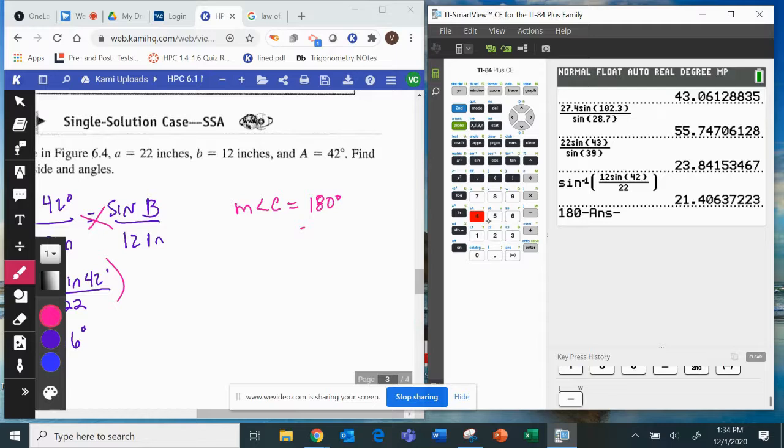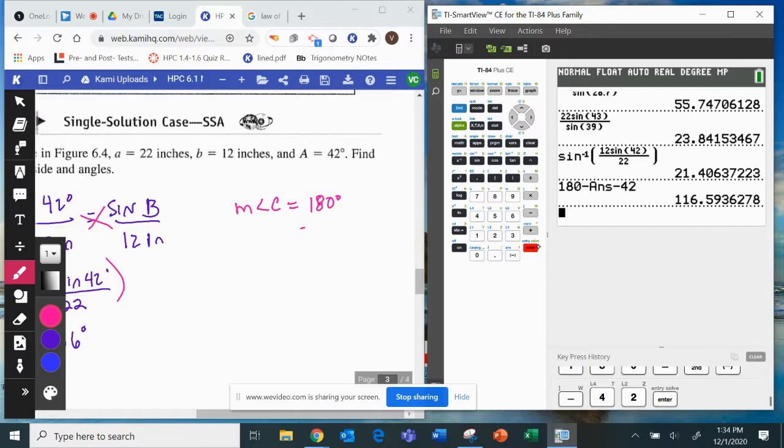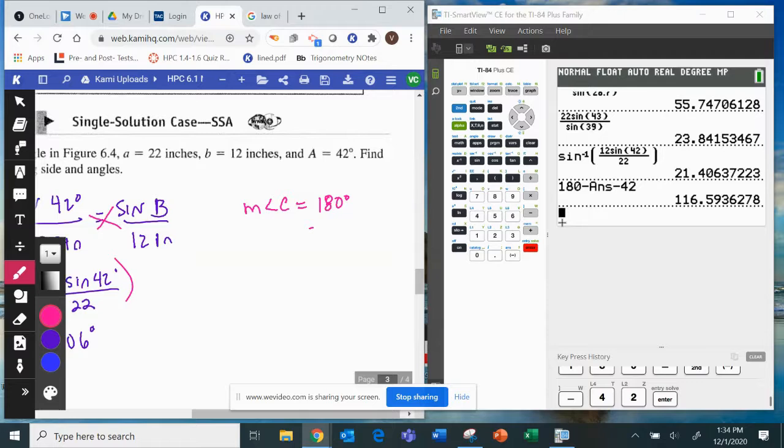So 42. And again, the next step that we're going to do, we don't want to use a rounded version. We want to use the whole thing.